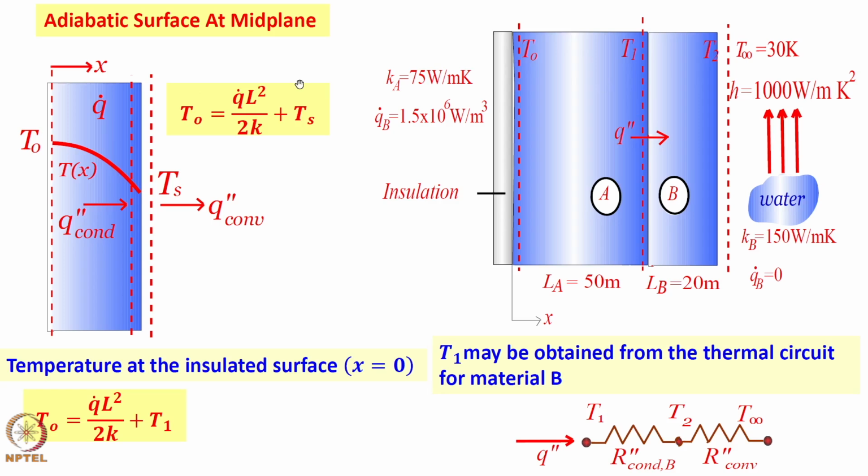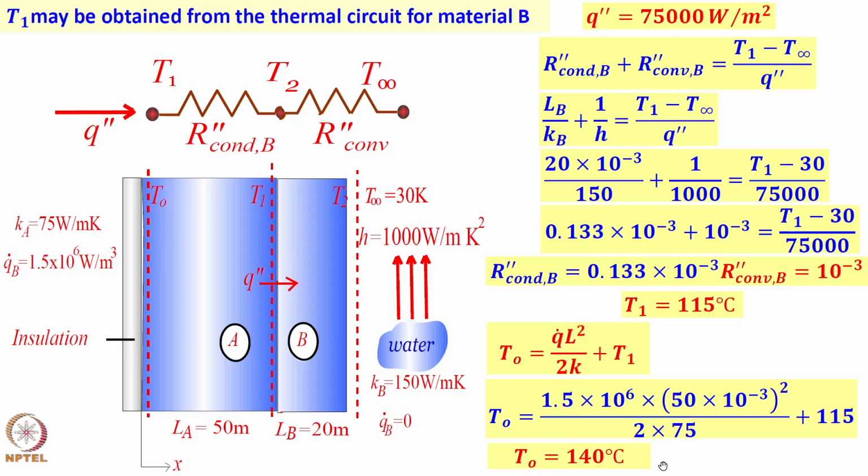Other way of doing it is like how we did in the current carrying conductor problem in the cylindrical coordinates. You take the Q coming in, one conduction, another conduction, both are perfectly acceptable. So, I can go backward, I did convection here, go through conduction in material B and then go through material A, or stop at the interface here and do complete resistance analysis the way we did. Whichever way we do, we are going to get the same answer.